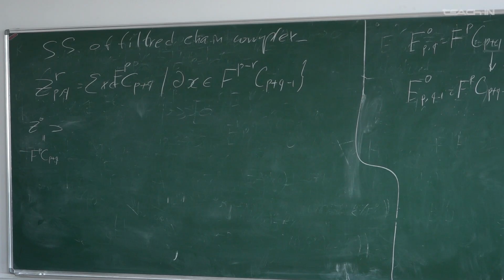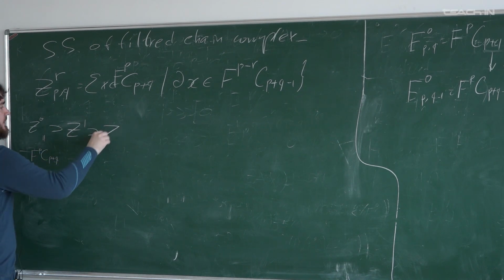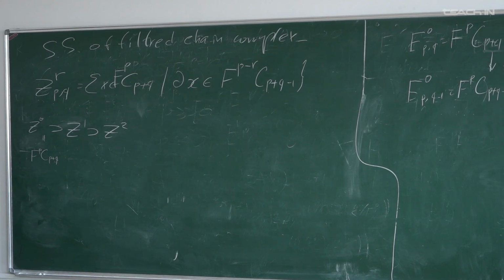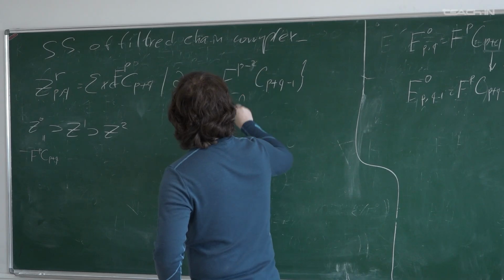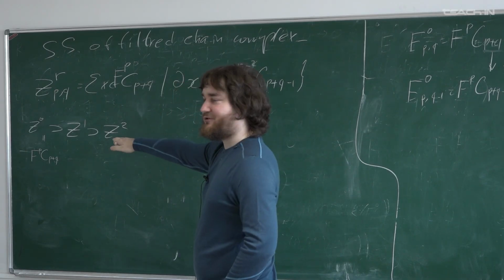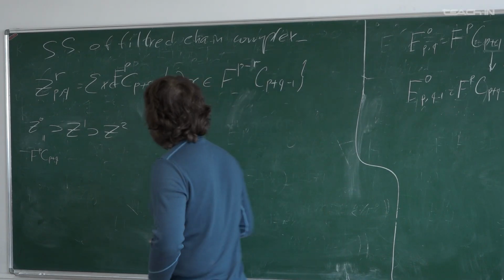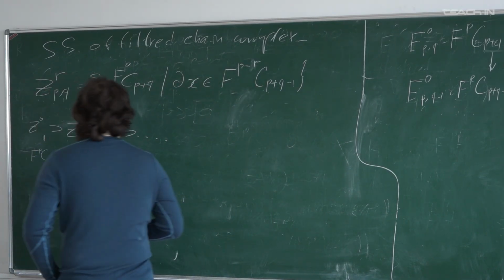Because my filtration is preserved by the differential, if I start from F_p, its differential is also in F_p. It's always true. Then I have the elements which go one below. If I go two below, my filtration is increasing, so the differential of F_{p-2} is contained in F_{p-1}, so I have this inclusion here. And so on.